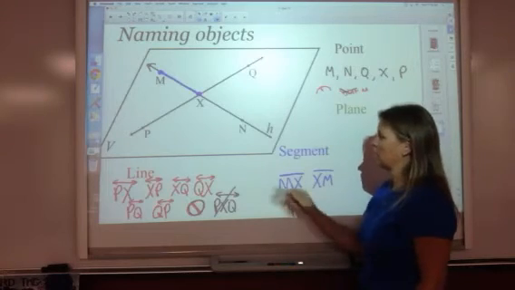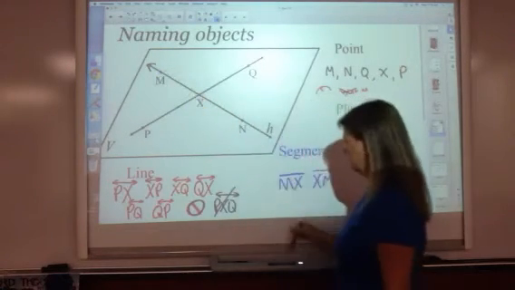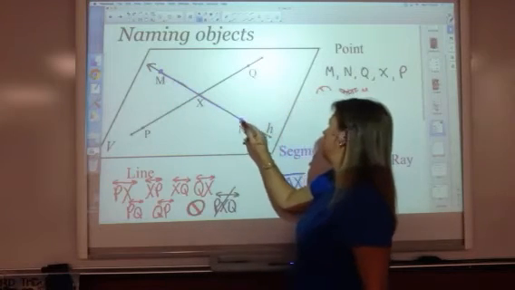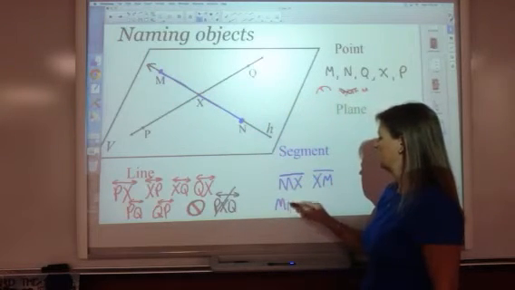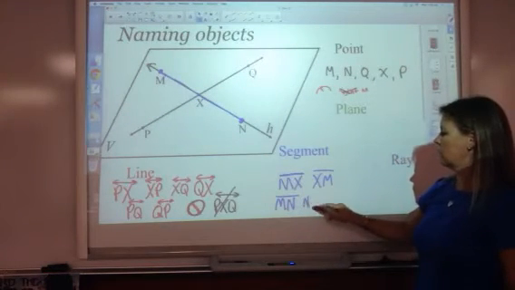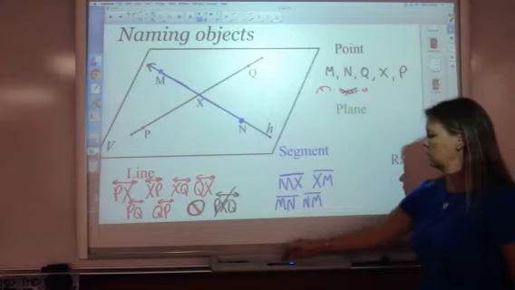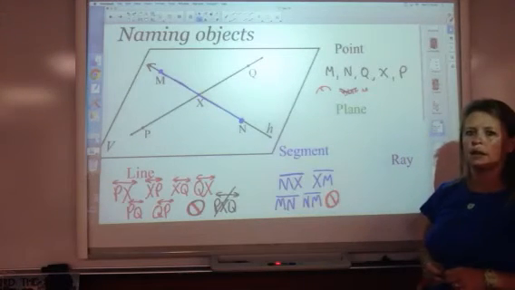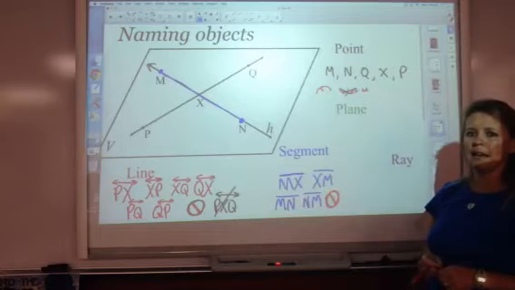If you wanted to talk about segment MN, you would have to start at M, finish through N, or backwards from N to M. What can't you do? Hopefully you're catching on to this. What can't you do?